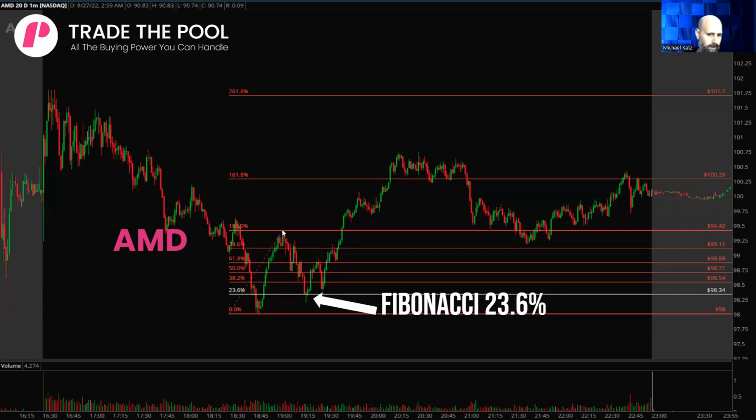If I had drawn it from the bottom to the top, I wouldn't be able to see the extended as well. But the reaction is the same. So instead of 23.6, it will be 78.6.